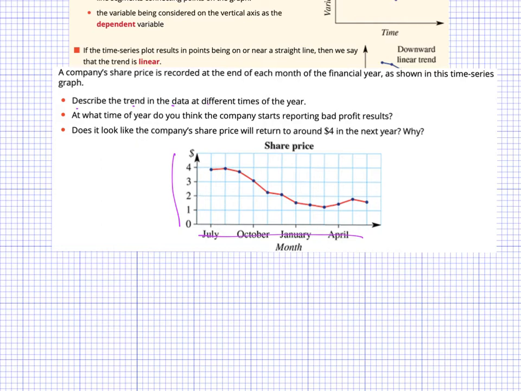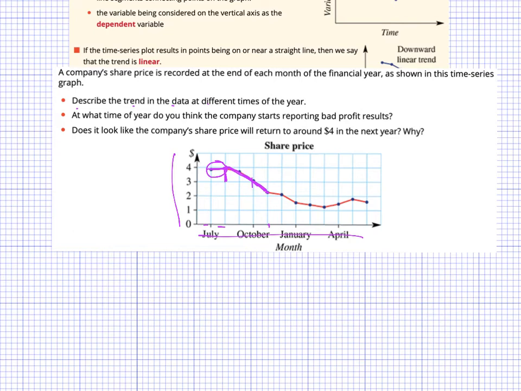So I could say from July, August through to October, no, let's go through to November, we have a fairly steep downward trend, don't we? We could say from July to August, it sort of maintains pretty steady. From August down to November, it's a fairly steep drop off.